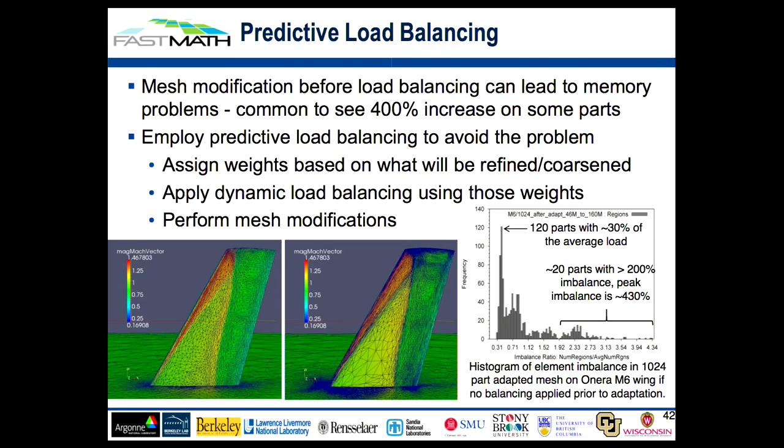So if an element's going to be refined from 1 element to 8 elements because all edges will be split, I'm going to assign that element a weight of 8. If I've got elements in a region that's going to be coarsened, I'll give weights less than 1. I'll repartition based on that, and then do the adaptation after I've repartitioned and redistributed the mesh.